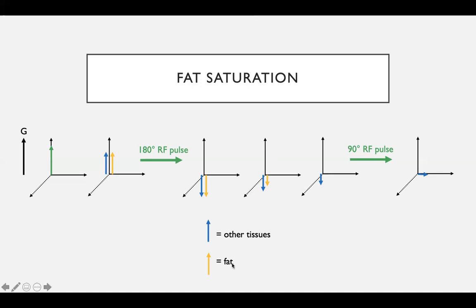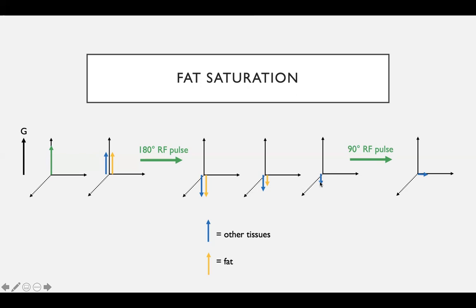And fat will have a shorter T1 time, so it will more quickly get to the z equals 0 axis. And when it does that, eventually there will be a time where it has a z equals 0 component, but all the other non-fat tissues are still relaxing. So they're still in the negative z axis.